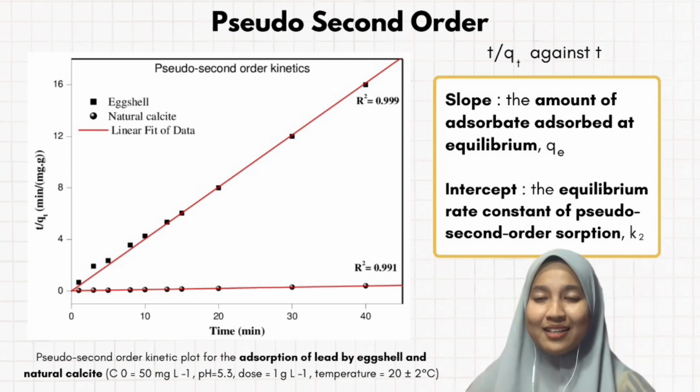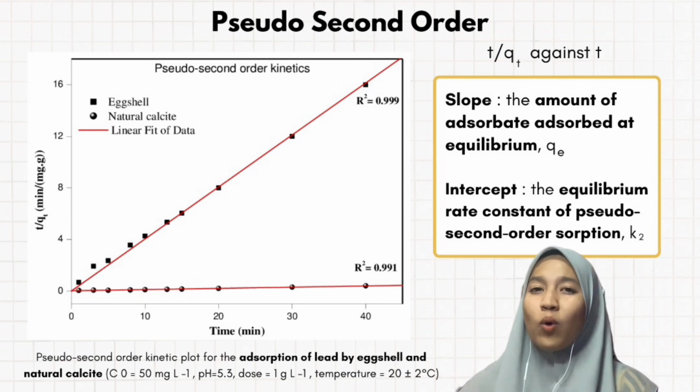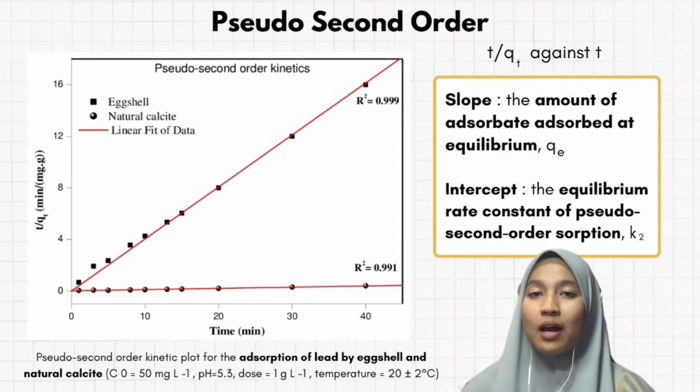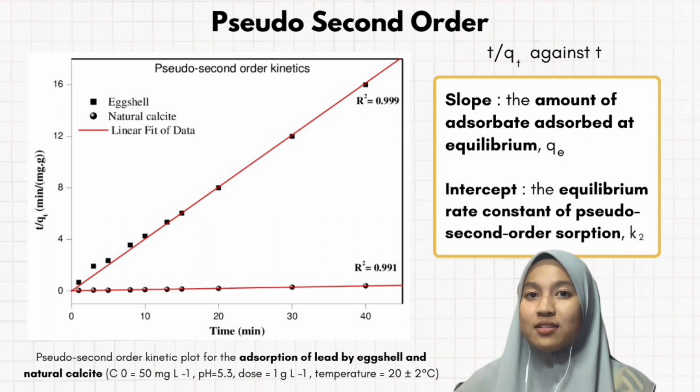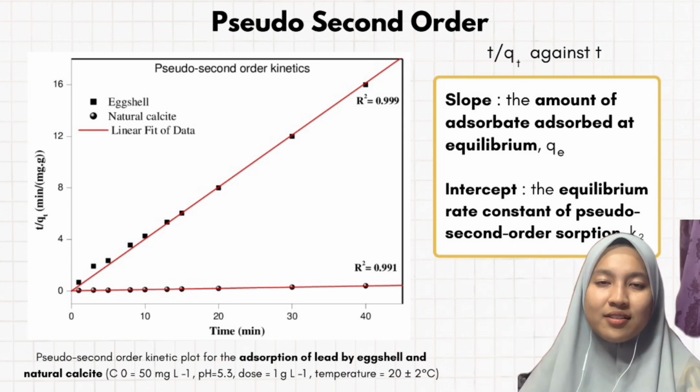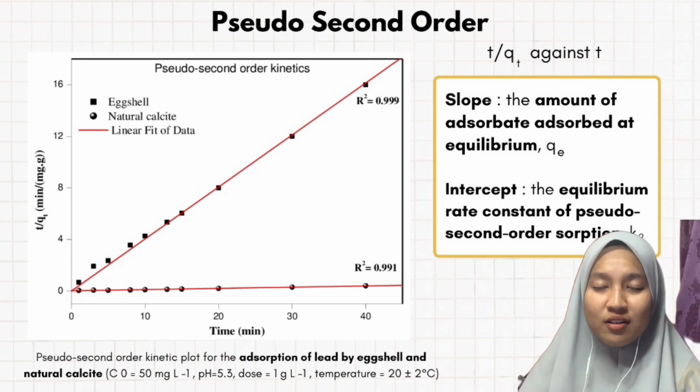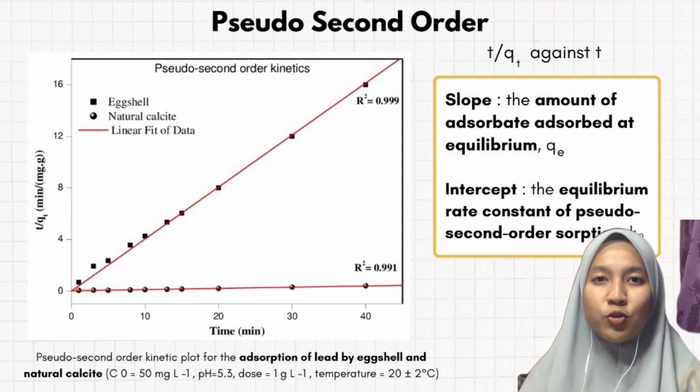In short, pseudo first order and pseudo second order are the two adsorption kinetic models that have been applied to a wide variety of adsorption systems, from biomass to nanomaterial as adsorbent and from heavy metals to pharmaceuticals as adsorbate or contaminants. So next, I will pass this presentation to Kirtana to explain intraparticle diffusion.